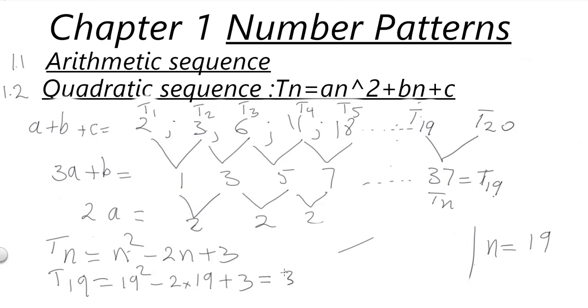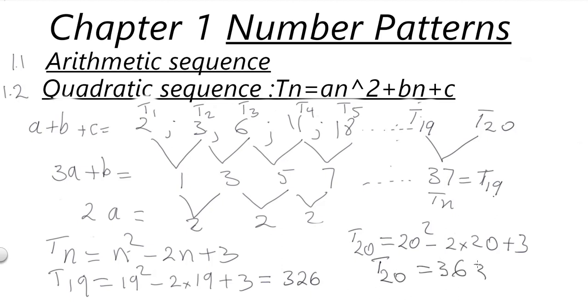Okay, let's move to T20: 20 squared minus 2 times 20 plus 3. So that will be 400 minus 40 plus 3. The answer will be, T20 will give you 363.